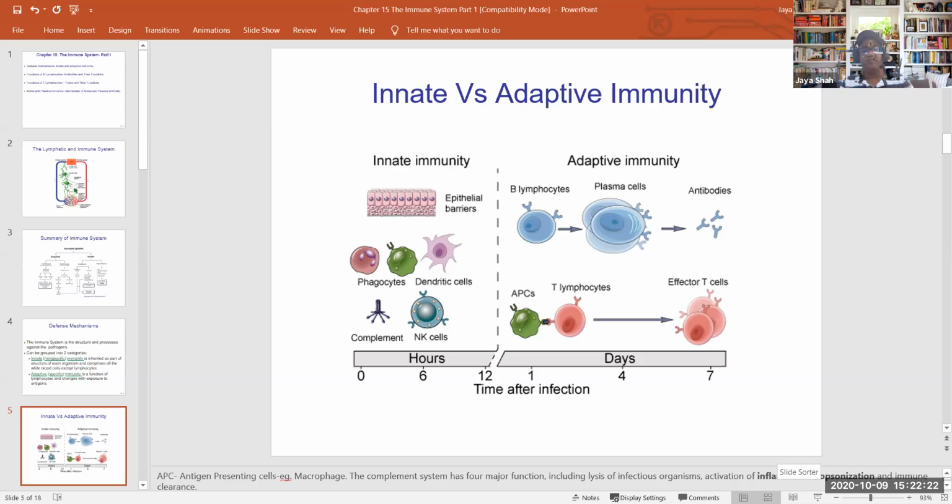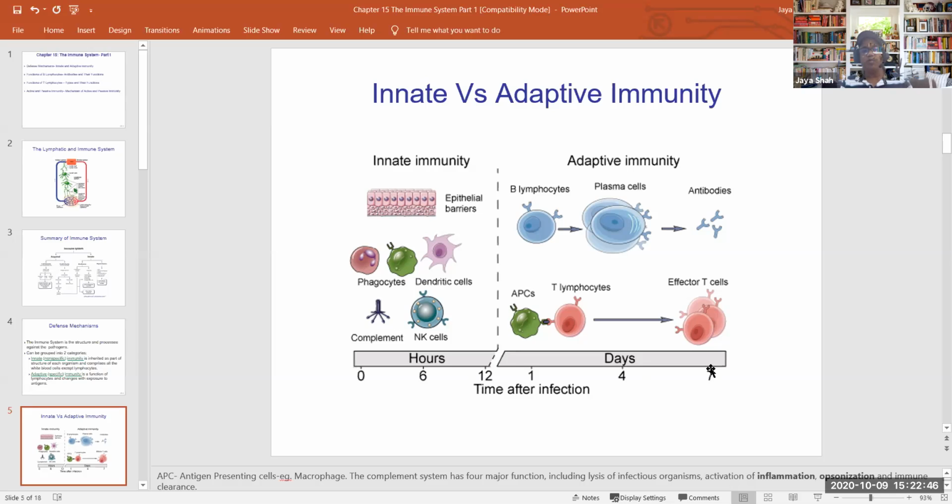That means they activate the histamine producing cells, like the mast cell. They produce opsonization, means they activate antibodies to attach to the antigens and clear the immune. So those are the functions of the complement system, okay?